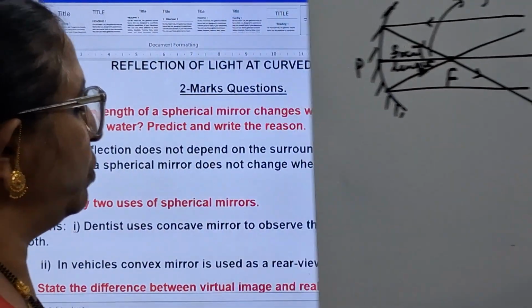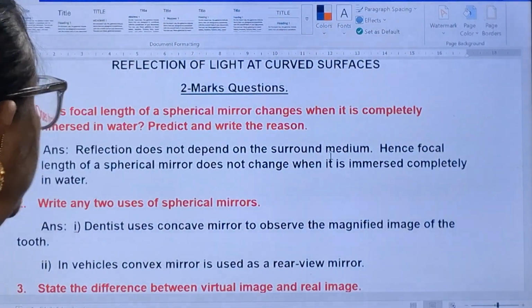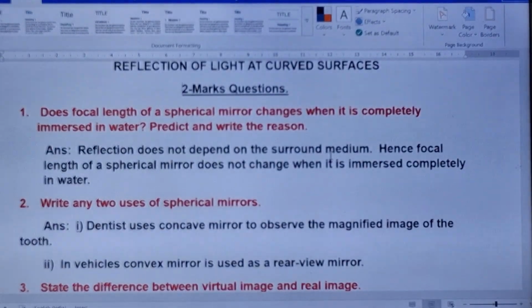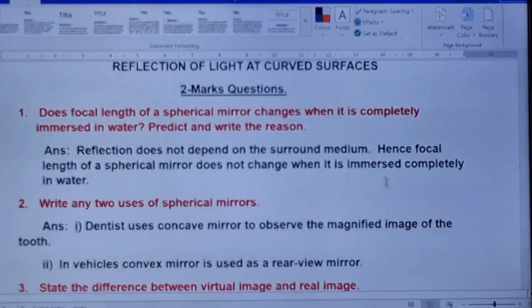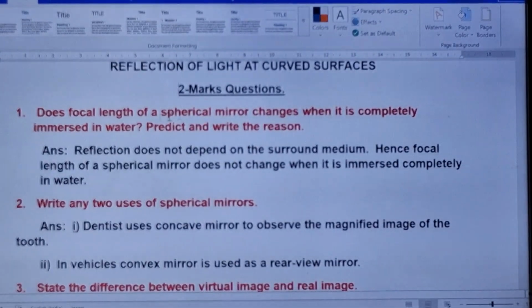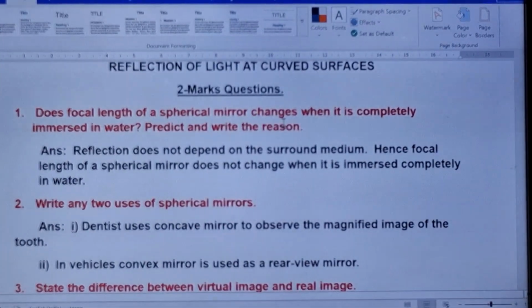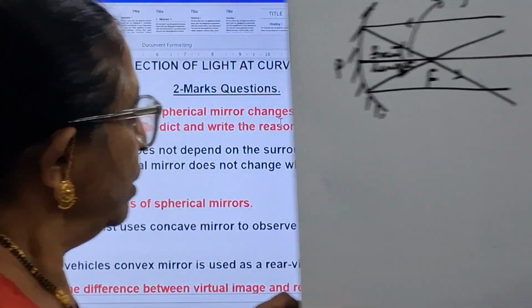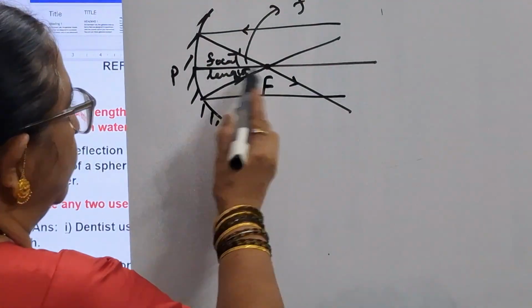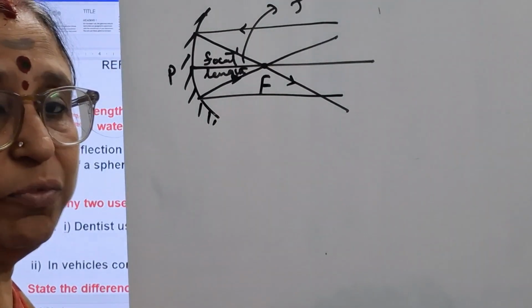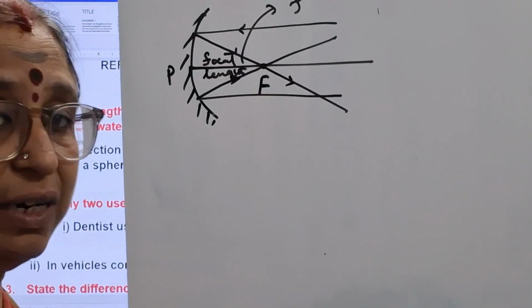Now what is the question? The question is, reflection does not depend upon the surrounding medium. Hence, does the focal length of a spherical mirror change? This focal length which we are discussing, is it going to change when the mirror is immersed in some medium, whether water or oil or any other medium?